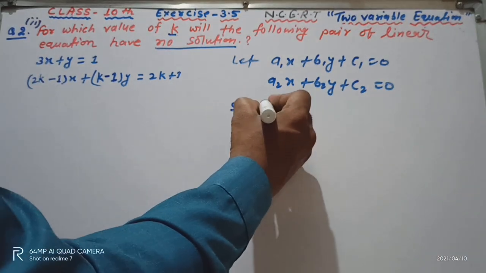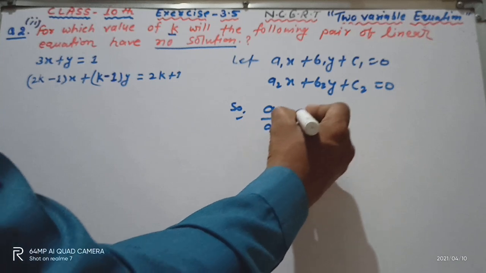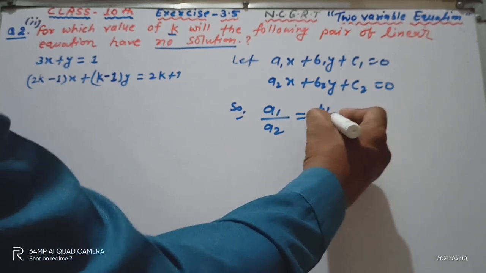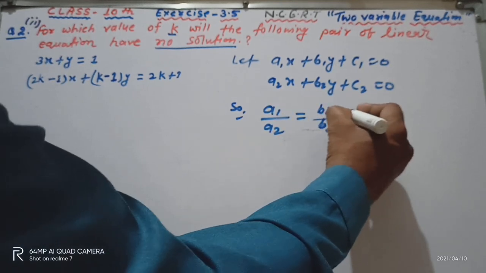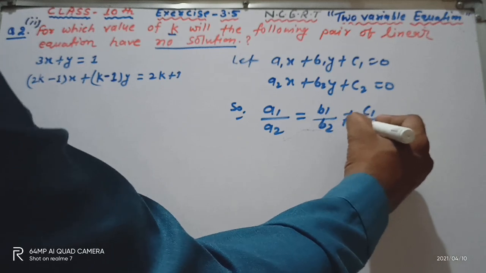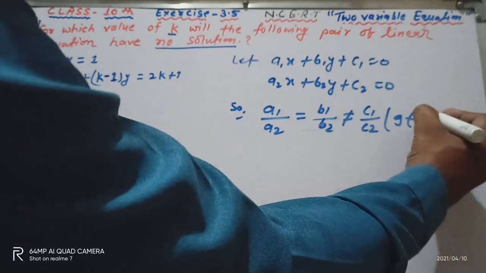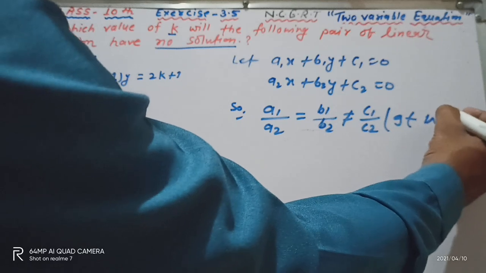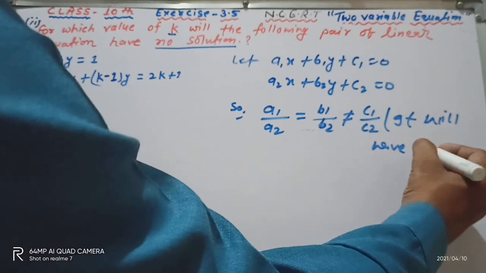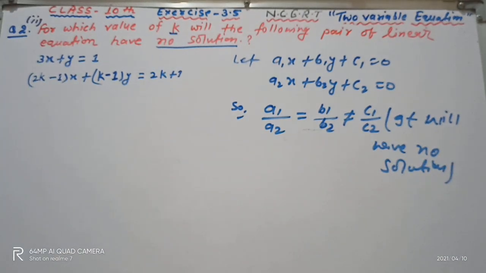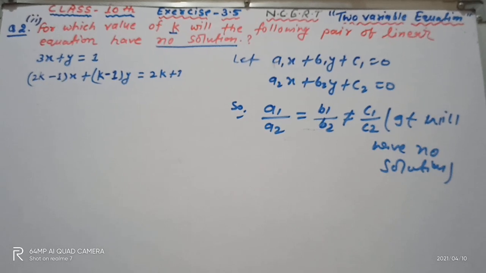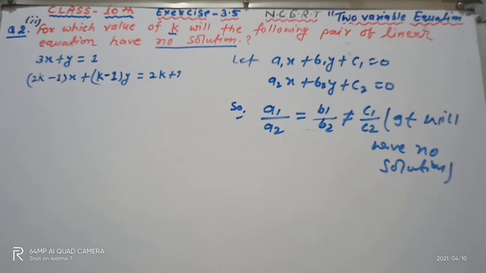When a1 by a2 is equal to b1 by b2, but it is not equal to c1 by c2, the equations will have no solution. In this case there is no solution.